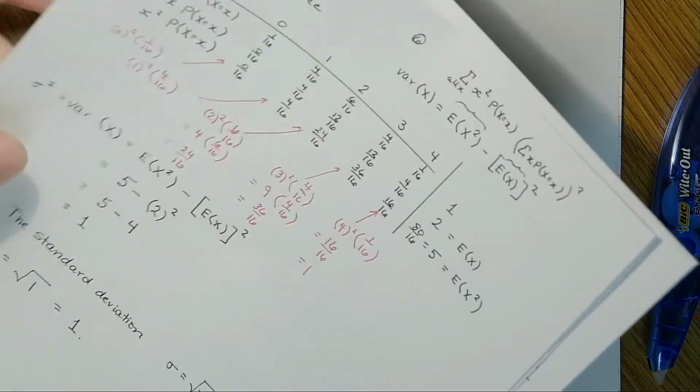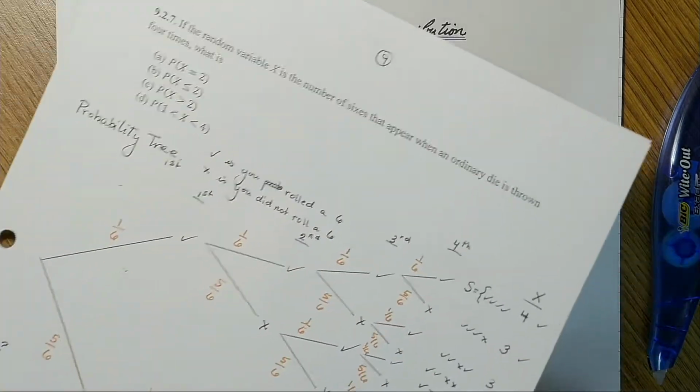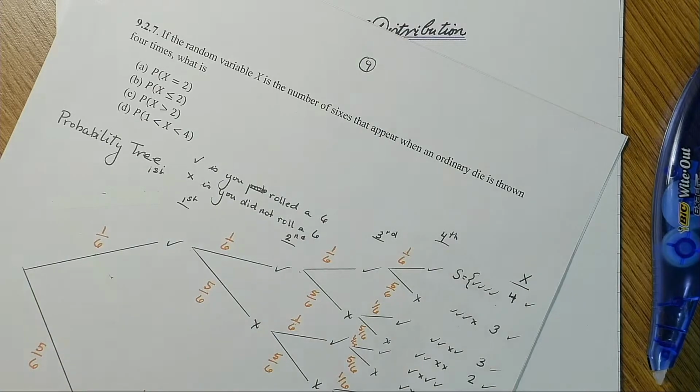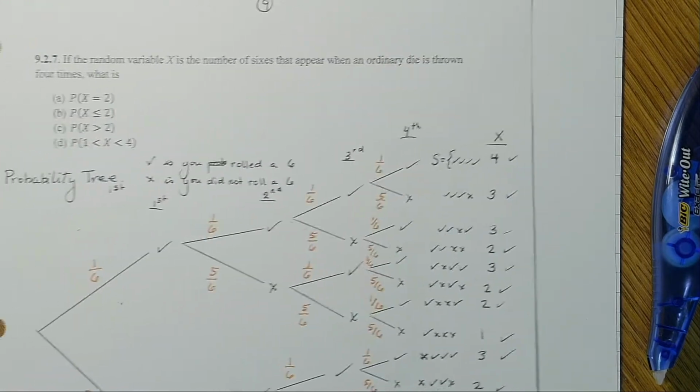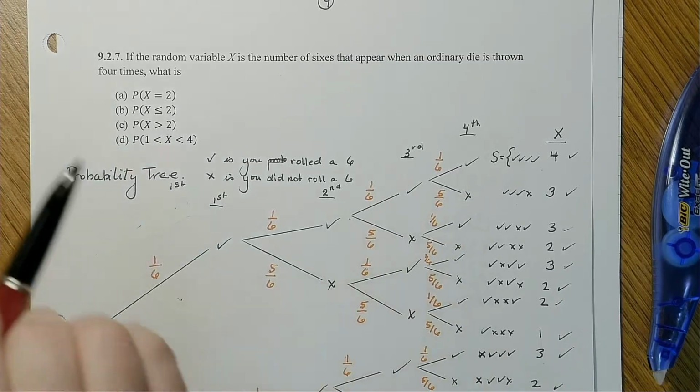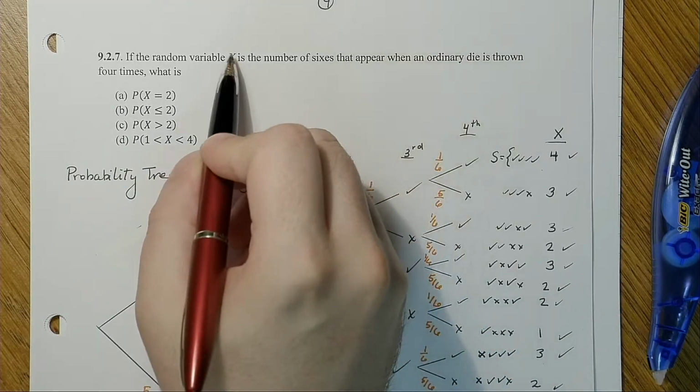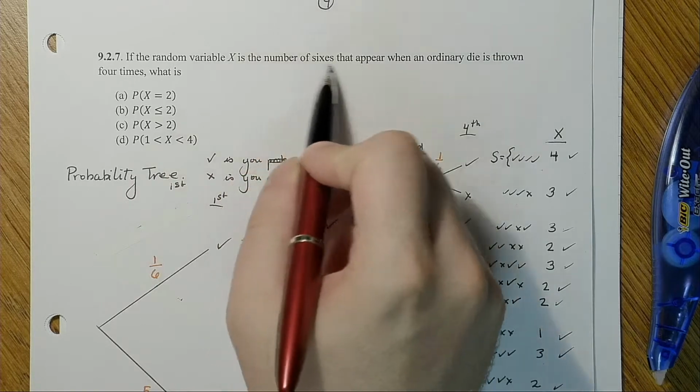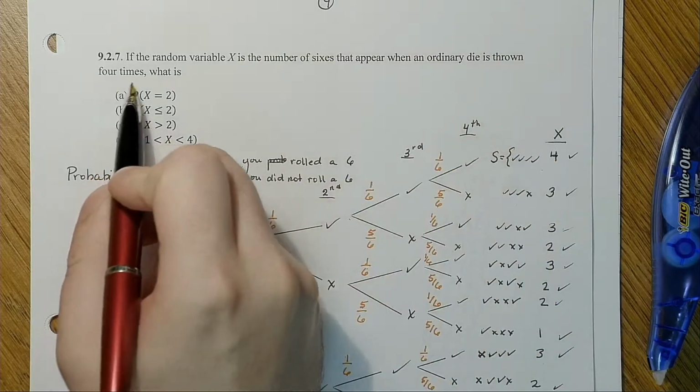Let me use one example. We were looking at the random variable x, the number of sixes that appear when an ordinary die is thrown 4 times.